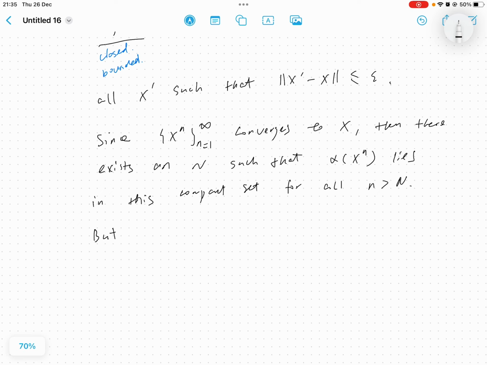but any infinite sequence that lies in a compact set must have a convergent subsequence.